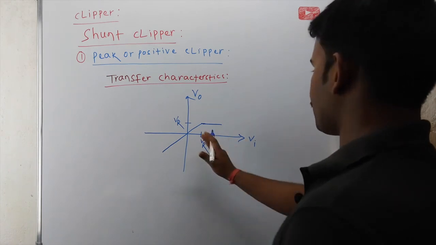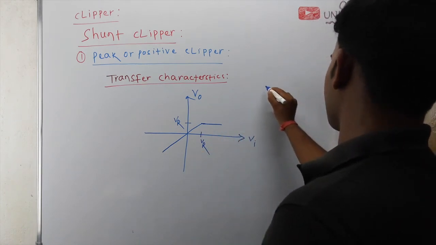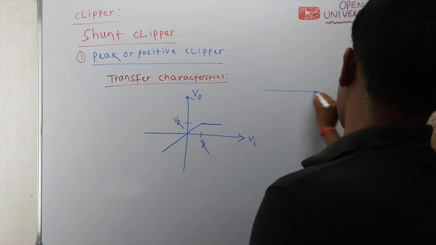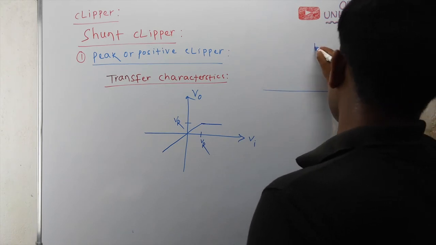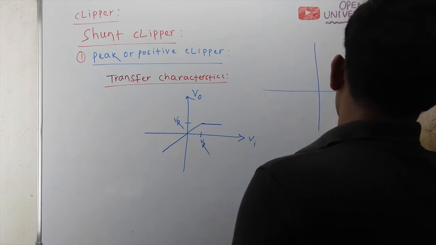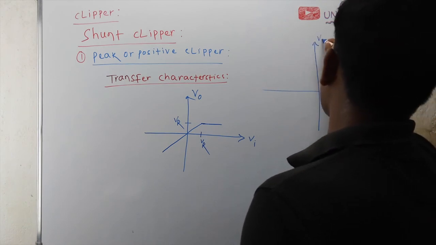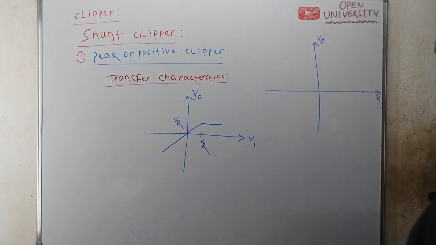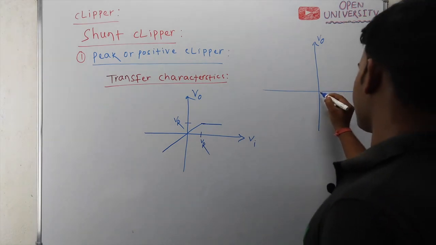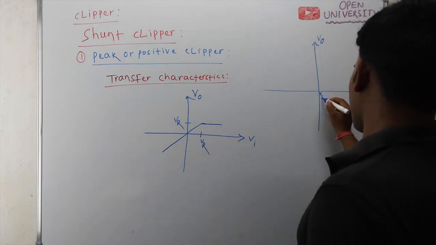If VR is 0 and if VR is negative, what will be the transfer characteristics curve? This is your input voltage and this is the output voltage. Now I am assuming the reference voltage VR is equal to 0 volt.